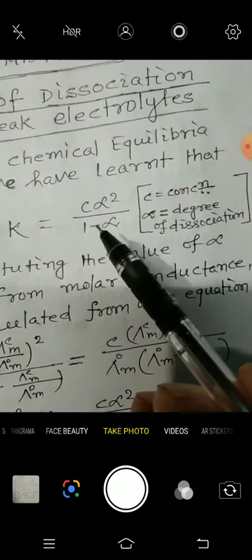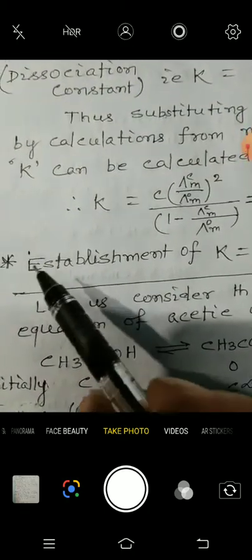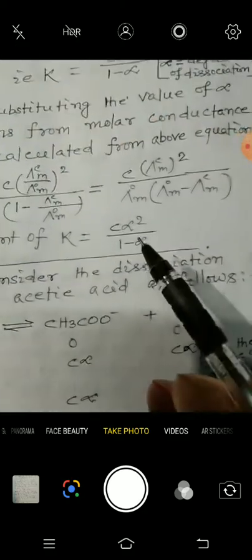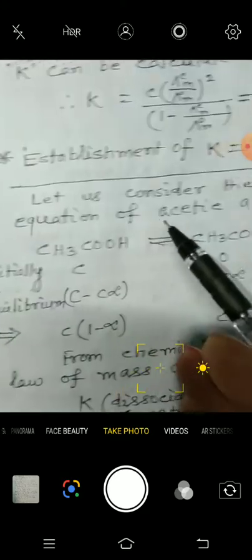Now how does this expression come? Let us repeat that for your convenience, the establishment of K, how this equation has come. So recall your knowledge here. Let us consider the dissociation equation of acetic acid as follows.